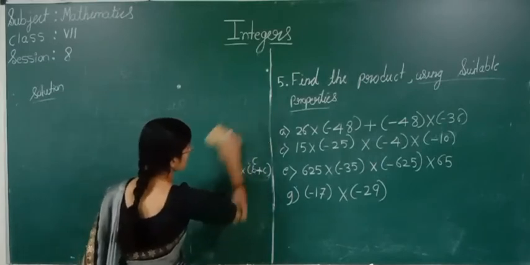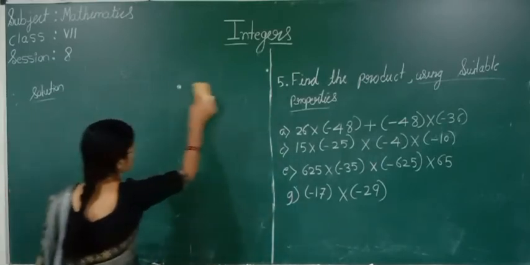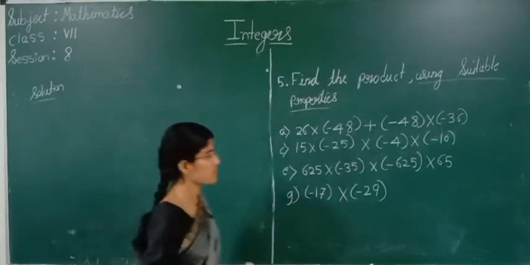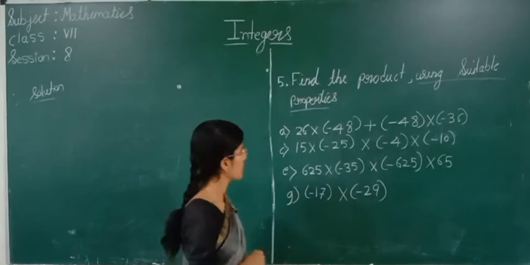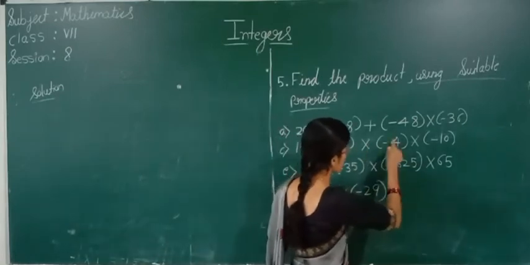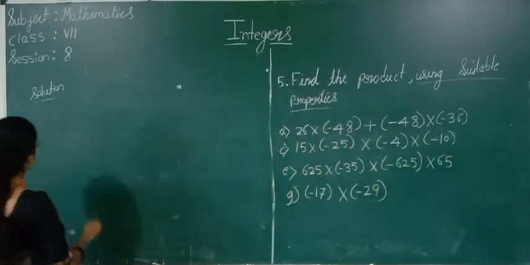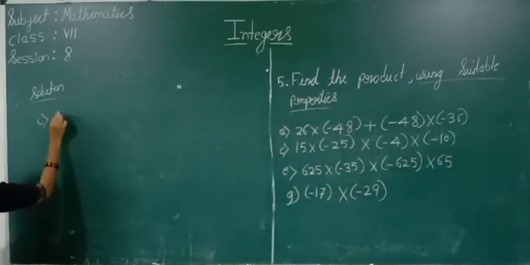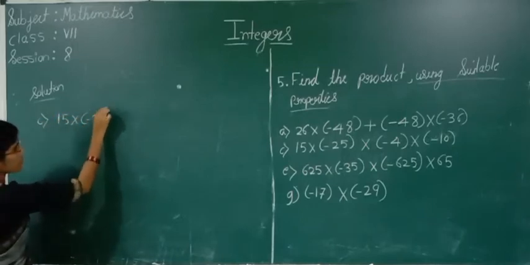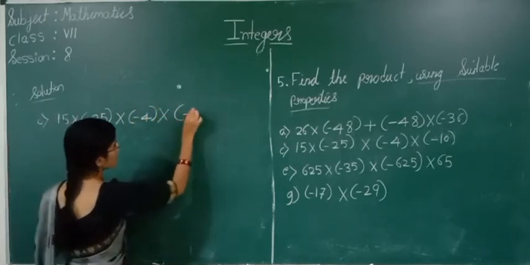First thing is that you have to observe the problem carefully, means you will understand which property we have to use here. Now see here 15 multiplied by minus 25 multiplied by minus 4 multiplied by minus 10 is there, right?